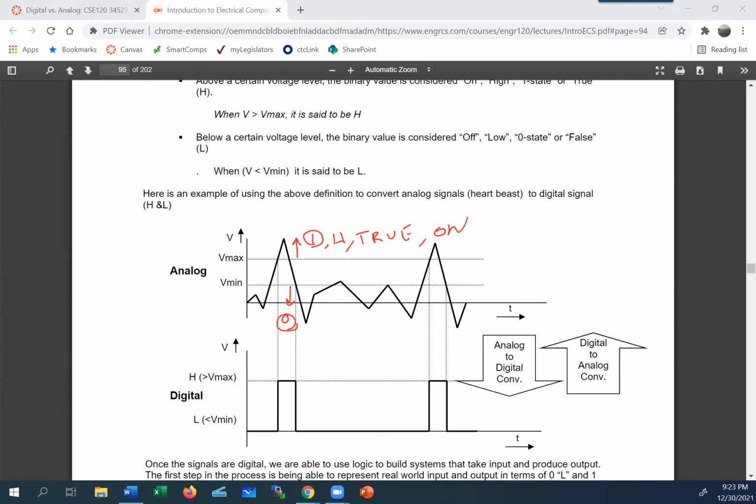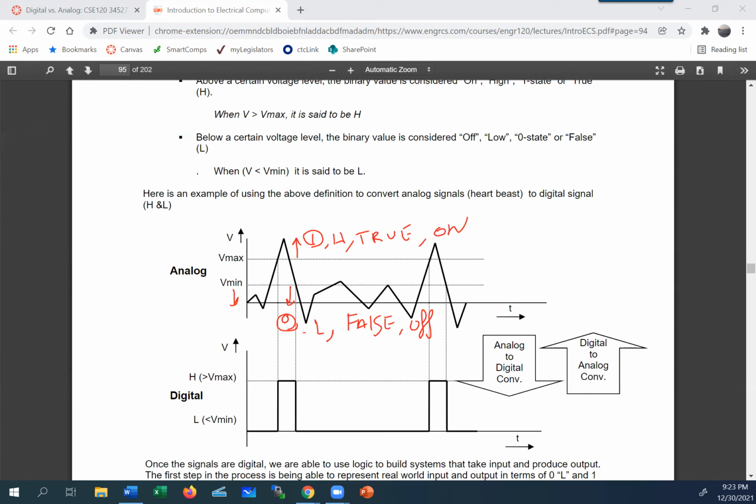For the low, there's an equivalent naming scheme where they might call it low, false, or off. So those would be the names, and any voltage less than this voltage will be referred to as that. So now we have a transistor that, by opening and closing, allows us to indicate 0 and 1.